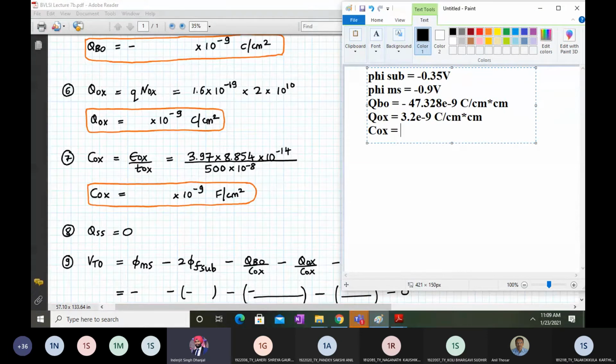Let me know the answer. We have actually used this before also. We have calculated this before also with a gate oxide thickness of 500 angstroms. We already have this answer with us, solved in our previous numericals. So anyone can type the answer. What is COX in the meeting chat?